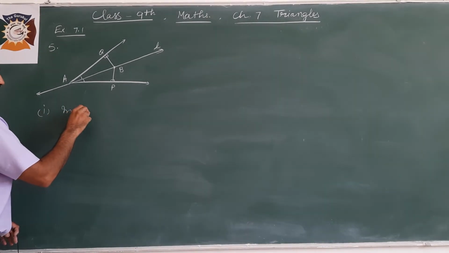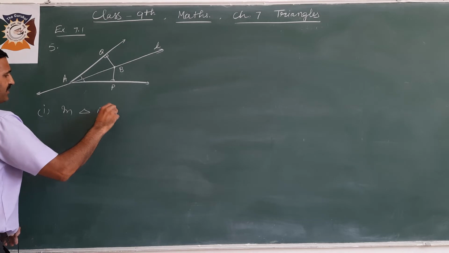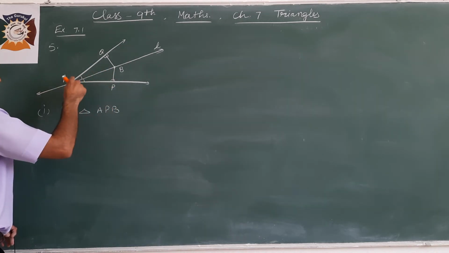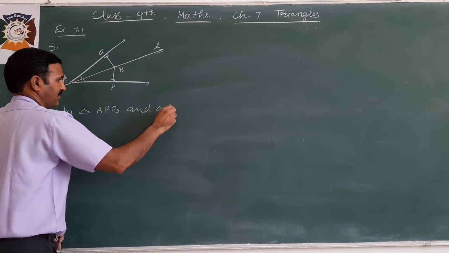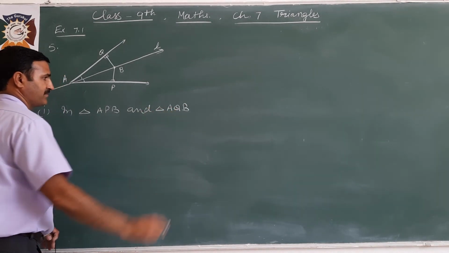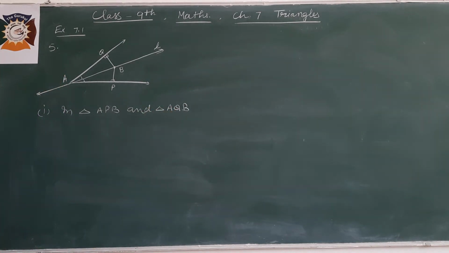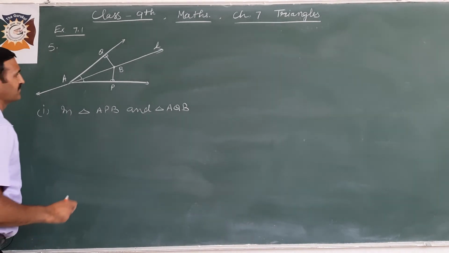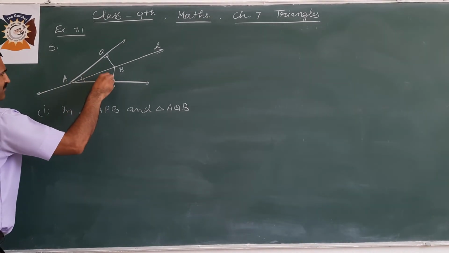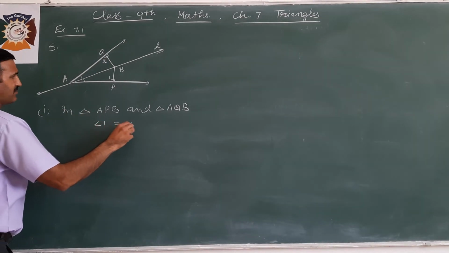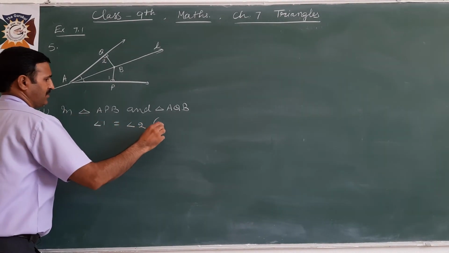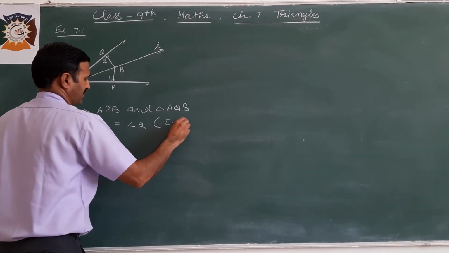In triangle APB and AQB, let this is angle 1, this is 2, so angle 1 is equal to angle 2, each 90 degree.